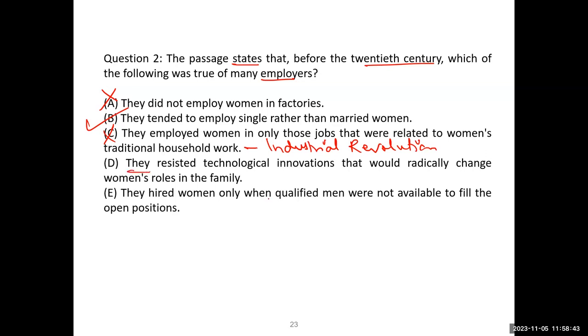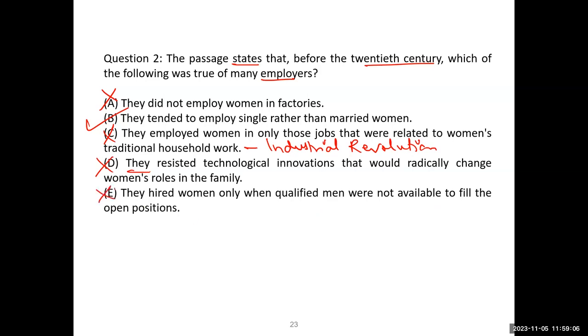Number D, they, meaning the employers, resisted technological innovations that would radically change women's role in the family. Nothing of that sort was mentioned. They never resisted innovations. Number E, they hired women only when qualified men were not available to fill the open positions. That is also not true.